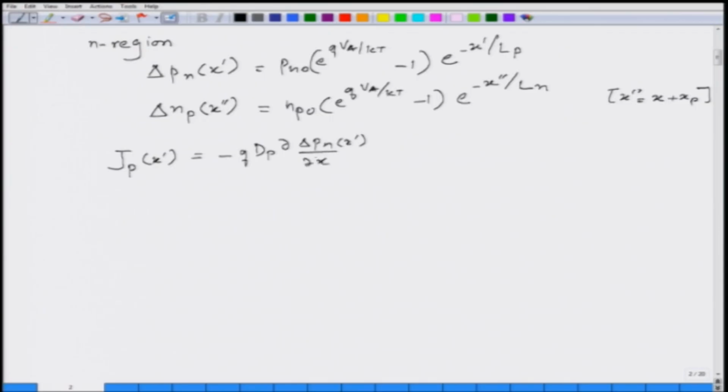There is no field in the n region. So, this would be the current that I need to figure out in the n region due to the hole injection, taking delta p in x prime and then taking the differential.